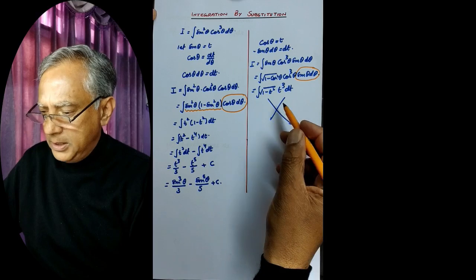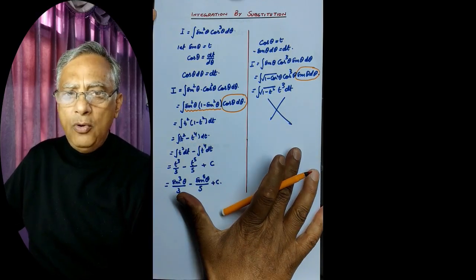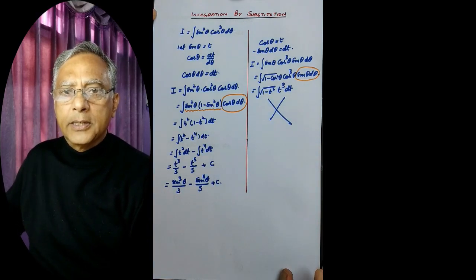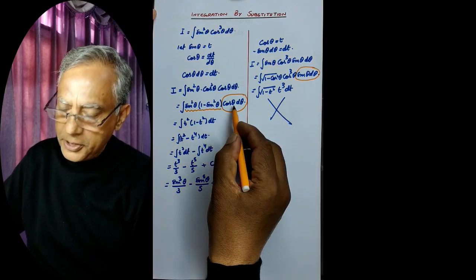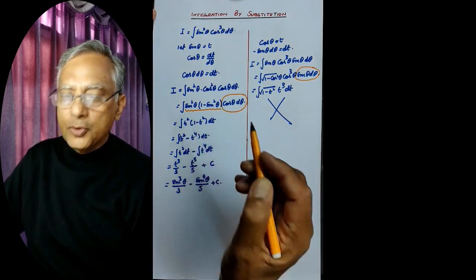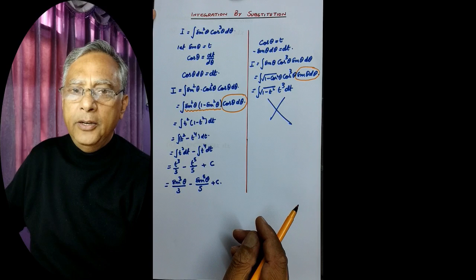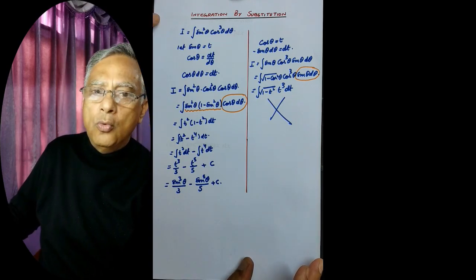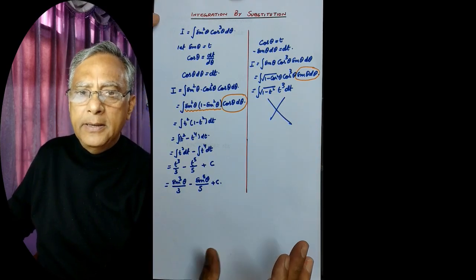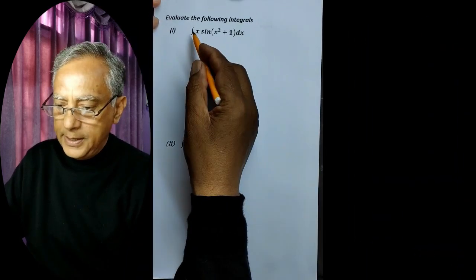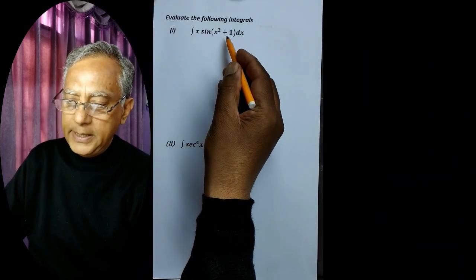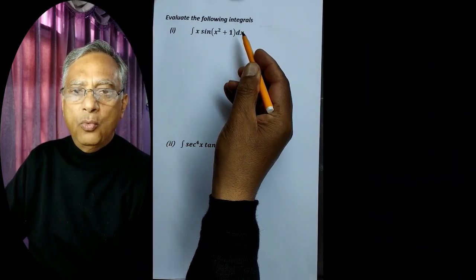Now I take up some simple questions to explain how to carry out these substitutions. One is the simplification part, and the rest of the question should be expressible in terms of the new variable. These 2 points you must keep in mind. Now first is integral x into sine of x square plus 1.